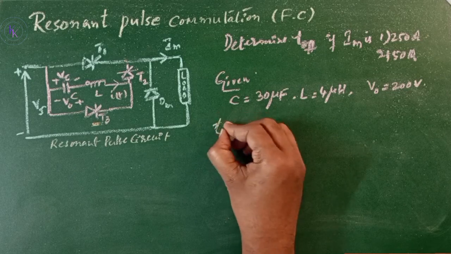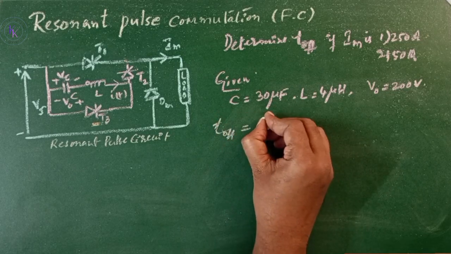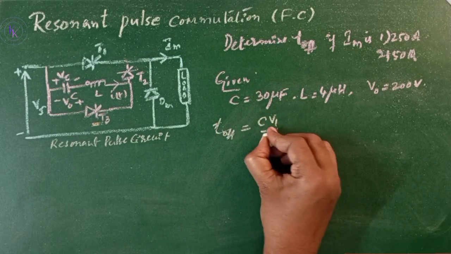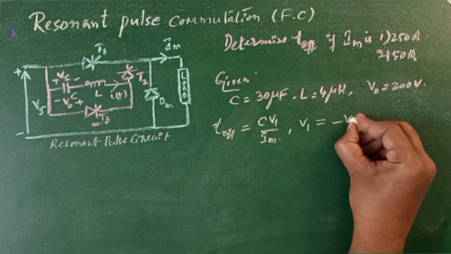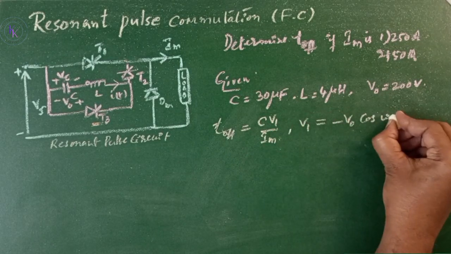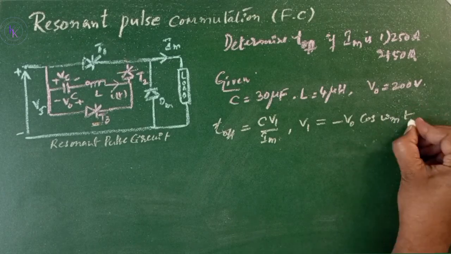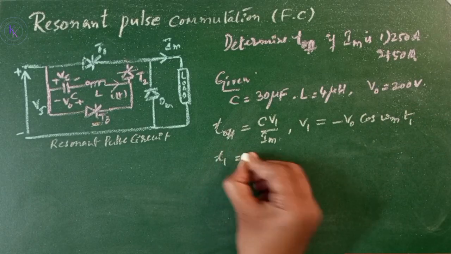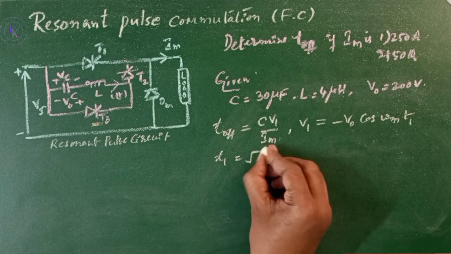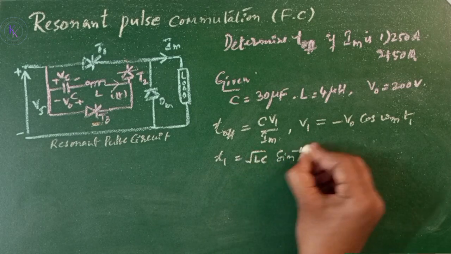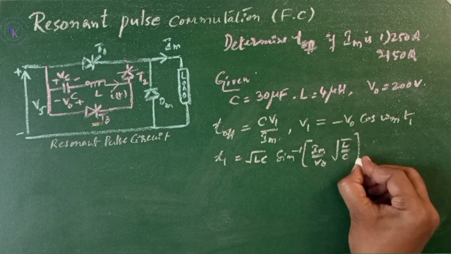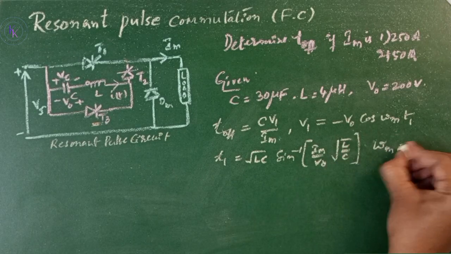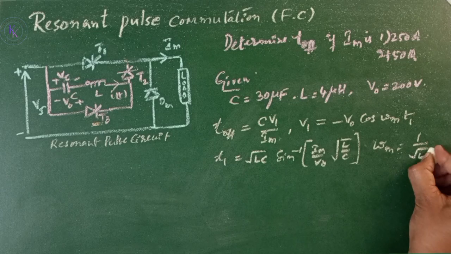We need to find Toff, which equals C V1 divided by Im. V1 is minus V0 cos ωm T1, and T1 can be calculated using the formula √(LC) sin⁻¹(Im / (V0 √(L/C))), and ωm equals 1/√(LC).